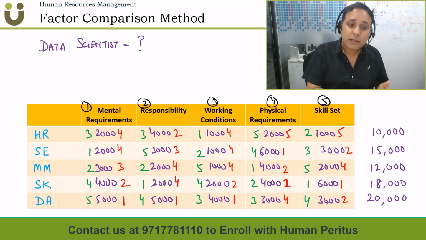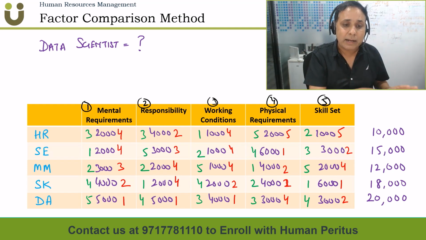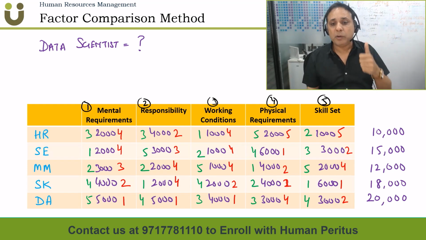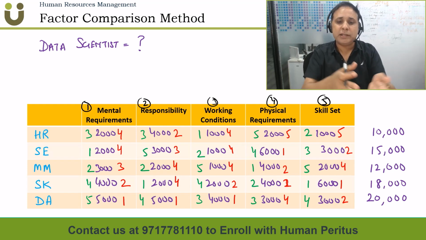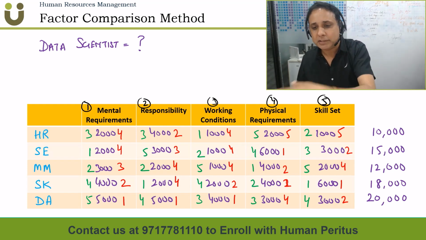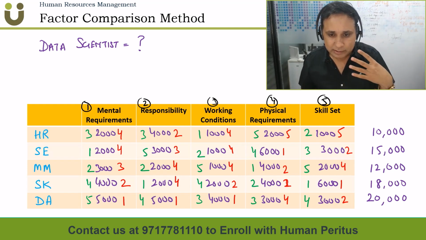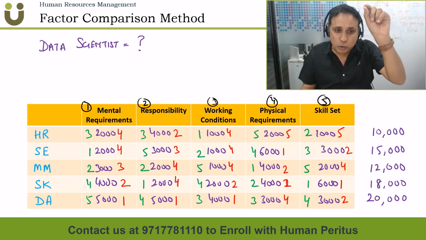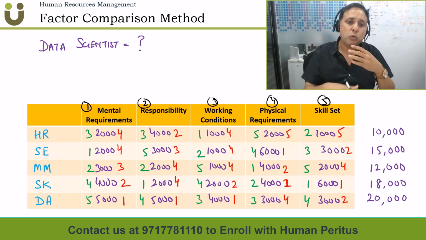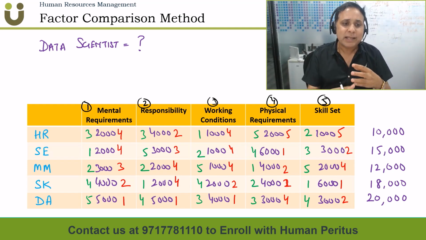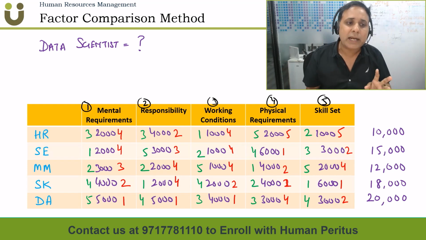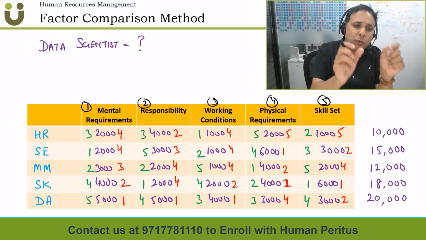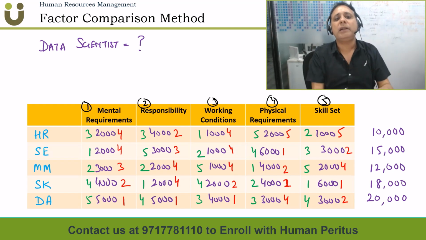Because I have taken random data, you can see that not even a single thing is in sync, but ideally this should be the same. Otherwise you work on it again, do analysis, and try to find out, for HR, what the rank is and how much money we should be allocating for mental requirement.